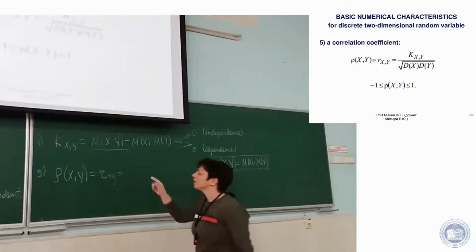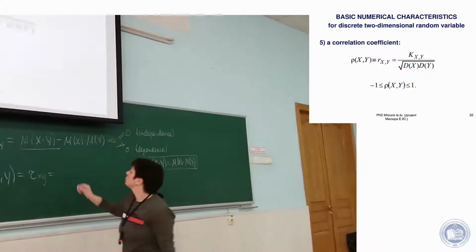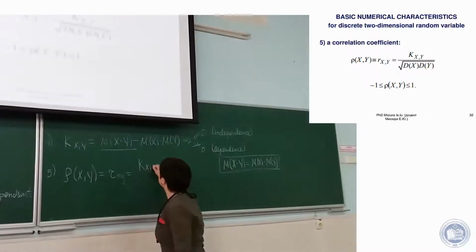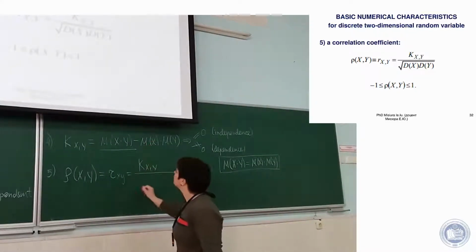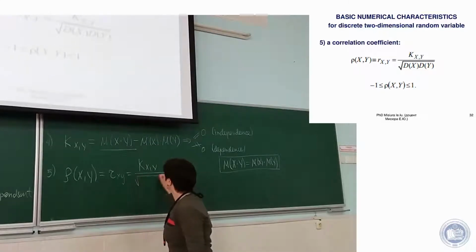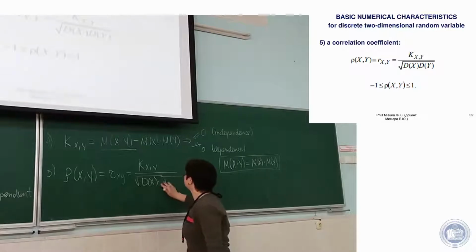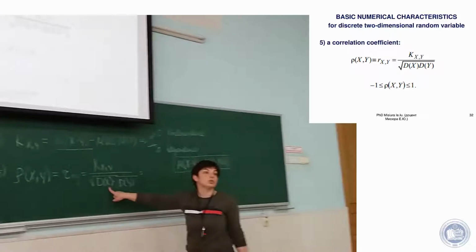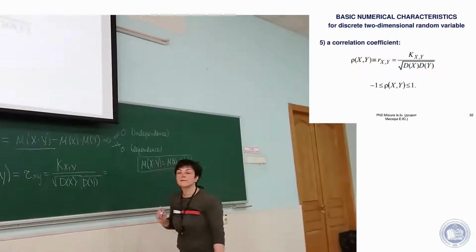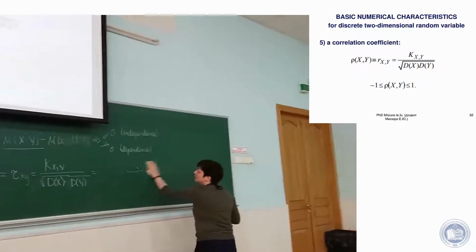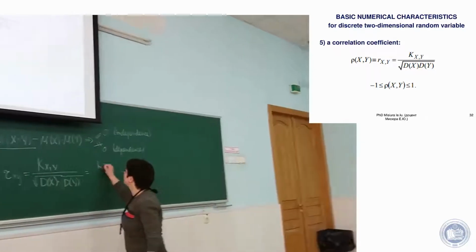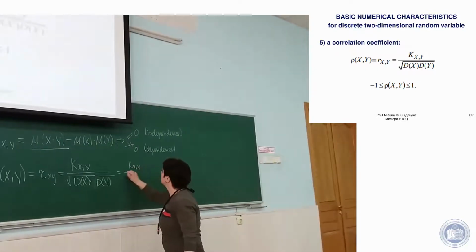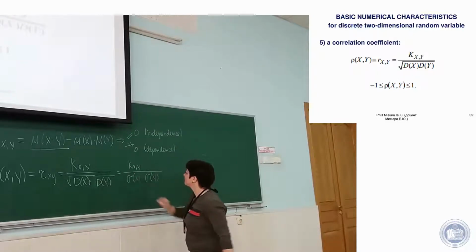In order to find this number, you need to use k xy divided by root of d of x times d of y. Students, what is root of d of x? It will be sigma. And we have k xy divided by sigma of x times sigma of y.